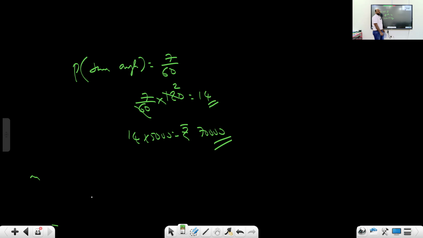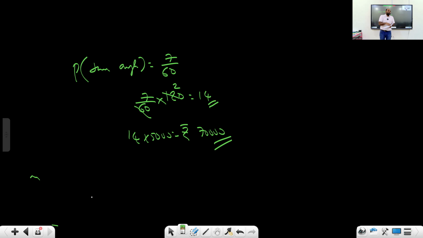The question is, at what time does the ball touch the ground? The ball is thrown up, so what shape will it be? Parabolic shape only, is it? It touches the ground. At what time will it touch? At 2 seconds it will touch. But the question was not that.